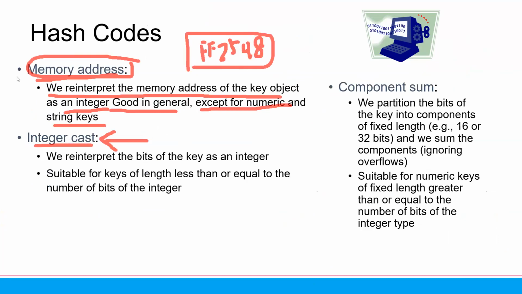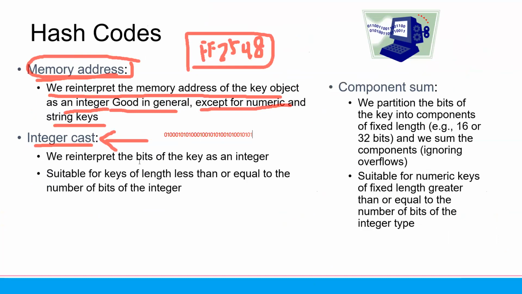Whenever you work with the computer, it will understand the binary code. The binary code will be like 0, 1, 0, 0, 1, something like this. If you are using this integer cache, then this will be very long. So we reinterpret the bits of the key as an integer.